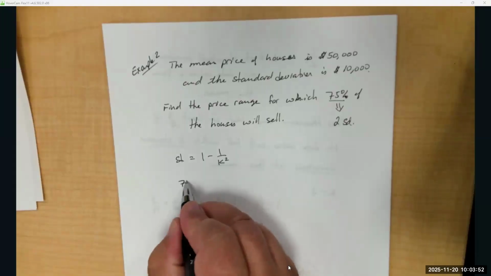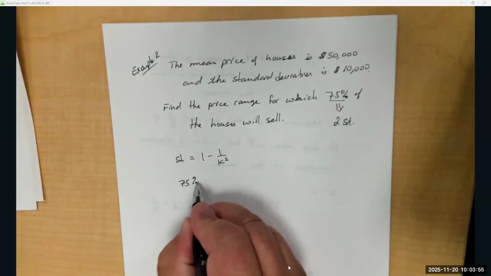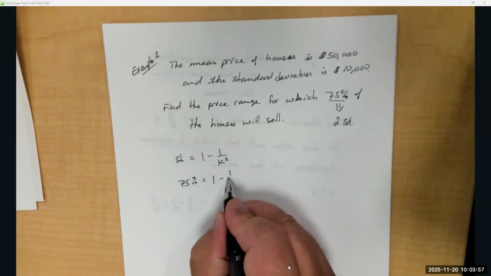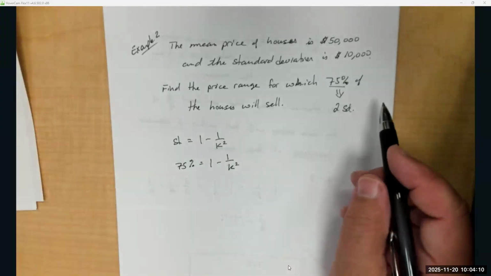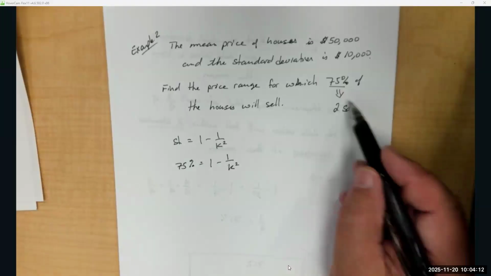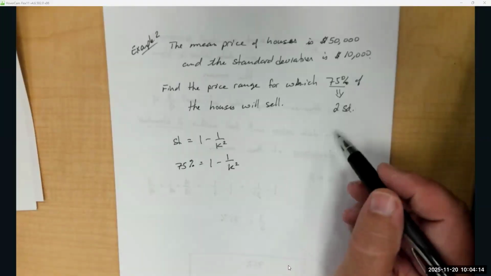We can say that 75% is equal to 1 minus 1 over k squared, and solve for k. But I don't want to do that because it's a lot of extra work. Because it's Chebyshev, we can use Chebyshev's theorem: it's 75%. We know it's within 2 standard deviations.